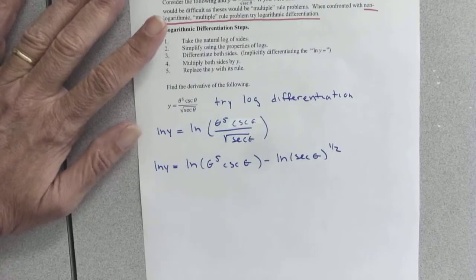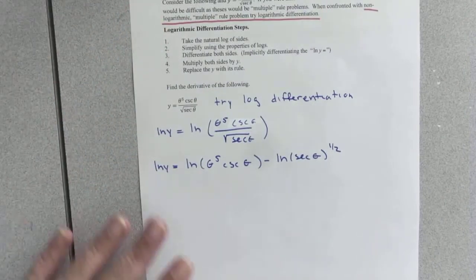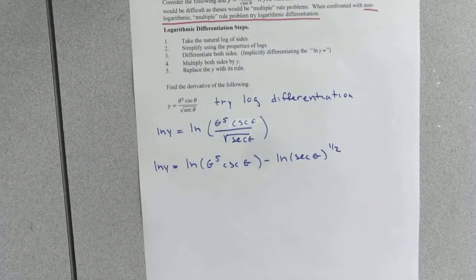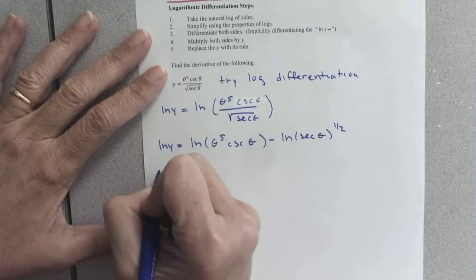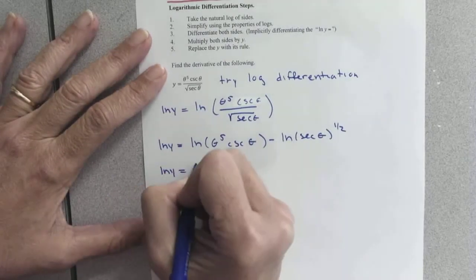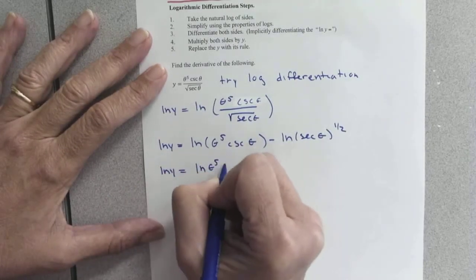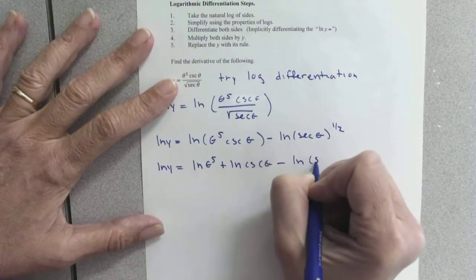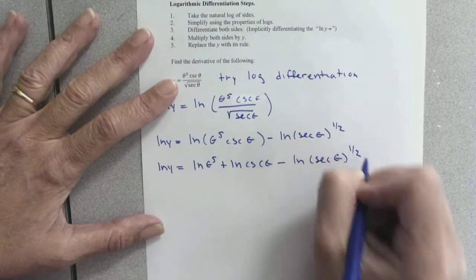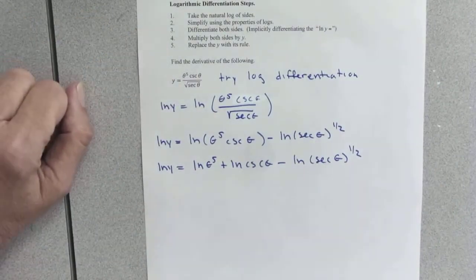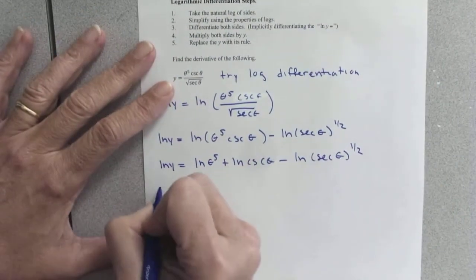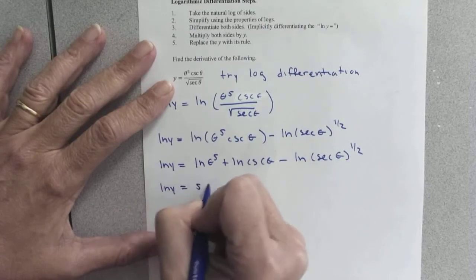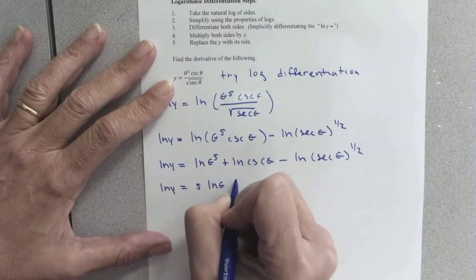And we'll call the square root of secant, secant to the 1/2, because with radicals, or with square roots, with logarithms, I like exponents. Don't much like radicals. Keep simplifying. And I'm doing this one small step at a time. So that product can be split up by addition. And then lastly, those exponents can come down in front.